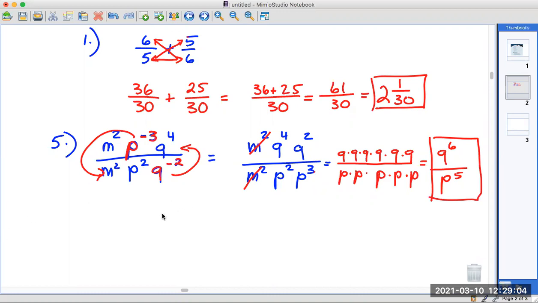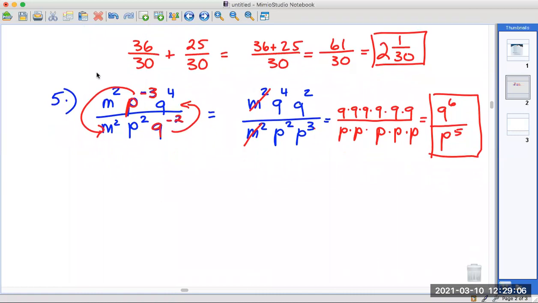So then I would like to show you number 7. And it says 2/3 to the power of 4 all over 3/2 to the power of 2. So when you have an outside exponent, think of shower power.